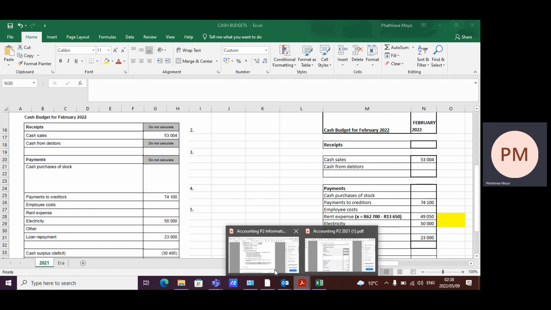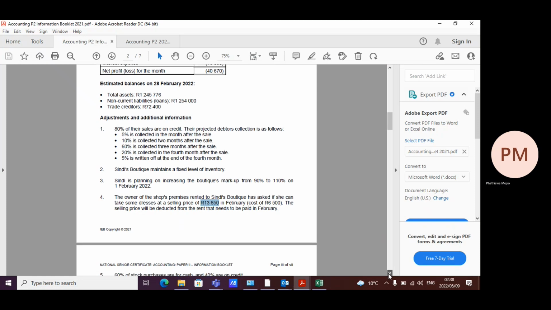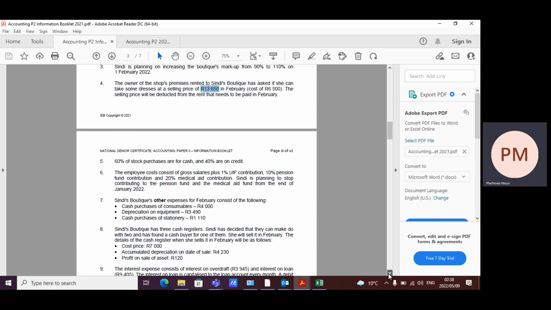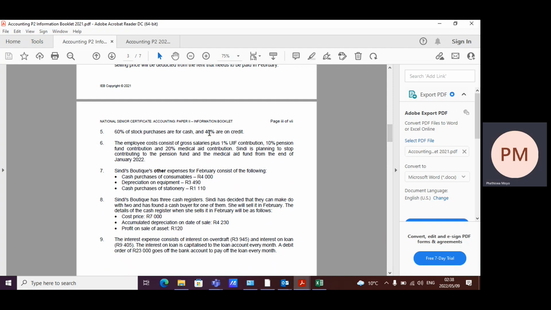Other, let's go back into transactions. Purchases we're going to do last, and debtors' collection. The employee costs consist of salaries, which is gross salary, 100%, plus 1% UIF contribution, that is 101, plus 10% pension contributions, that is 111, and 20% medical aid contribution.